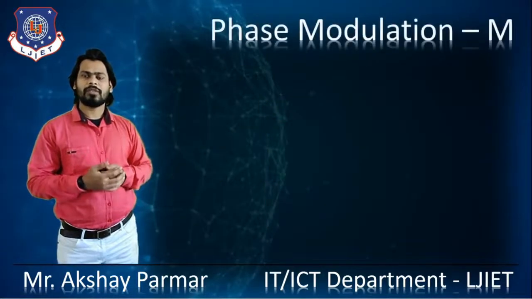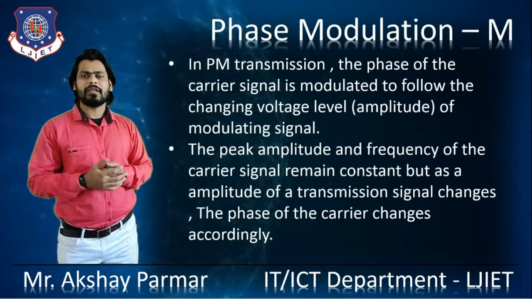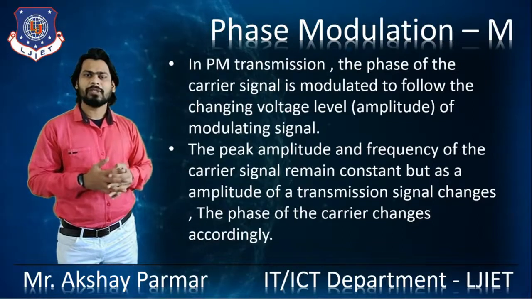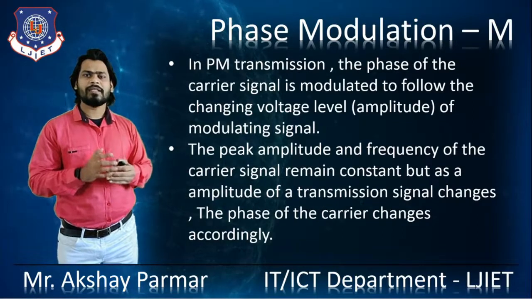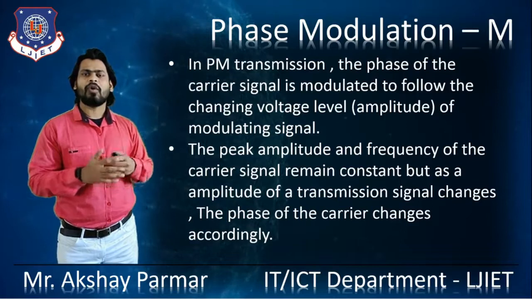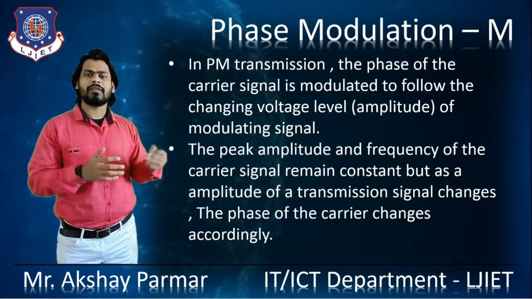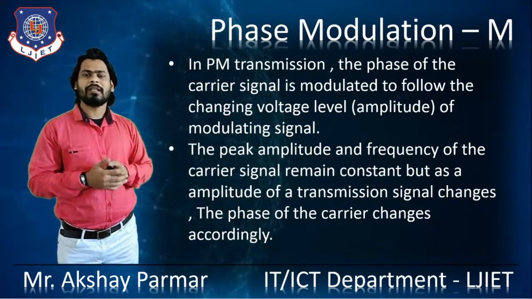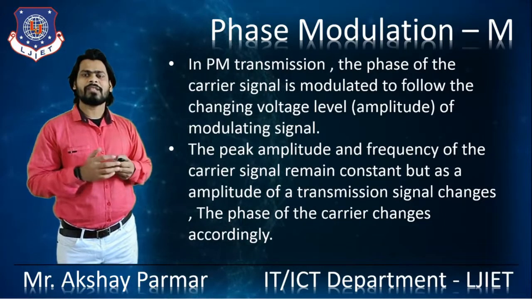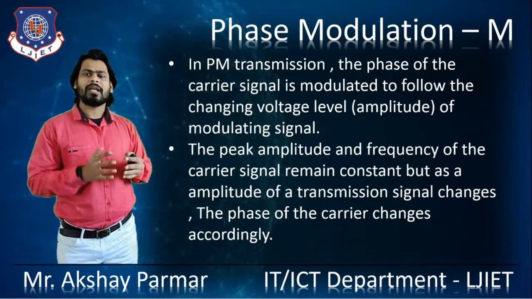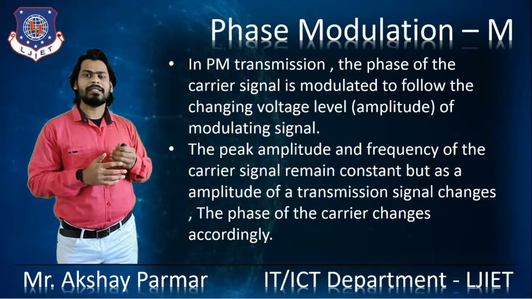Right after that, let's look at phase modulation. In phase modulation, we are changing the phase, right? In phase modulation transmission, the phase of the carrier signal is modulated to follow the changing voltage level of the modulating signal. As you can observe, we are changing the phase whenever the amplitude of the signal is changing.